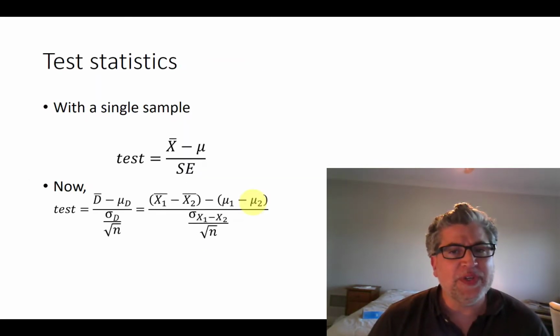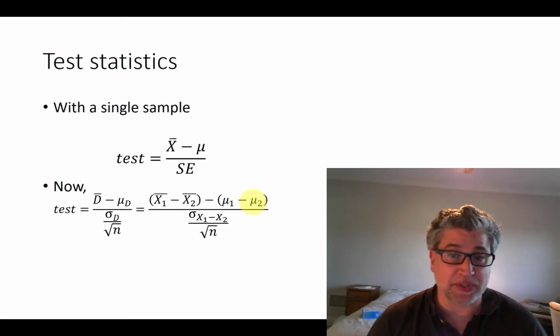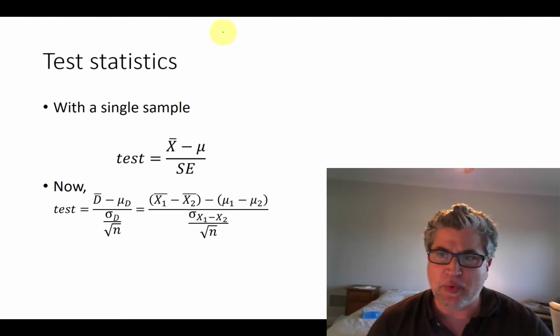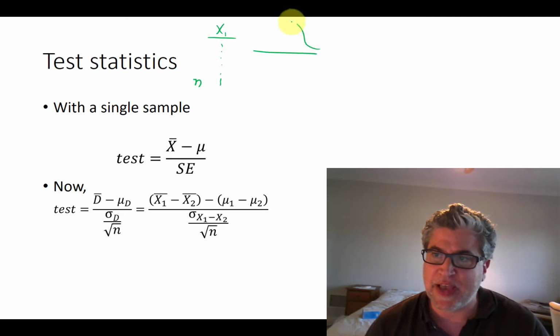Again, before, when we just had a single sample, so this is like going way back, like several videos, if all we had was just one column of data, and we had n observations of these, so we had some distribution of x's, don't even call them x1s. These are x's.